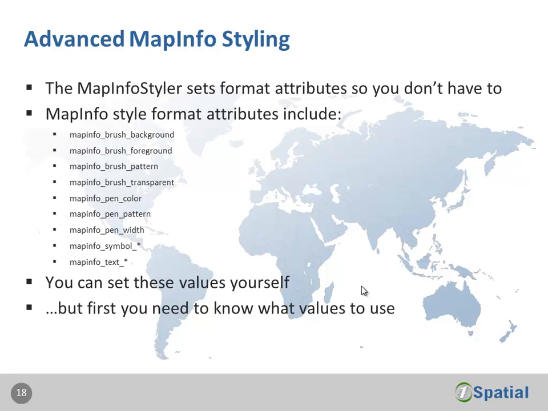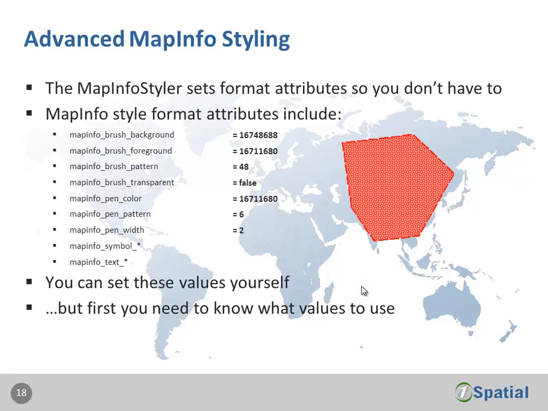You can set all of these values yourself, but first you need to know what values to use. Here you can see a simple polygon with an outline border, a style, some colour. The transparency is set to false, and you'll see that the colour values are Mapinfo's representation of how that colour should be described to Mapinfo.